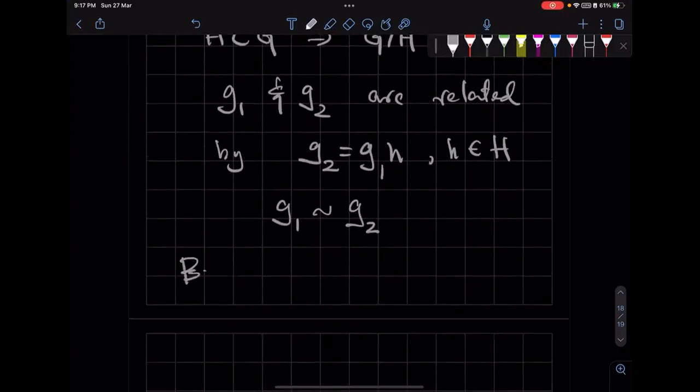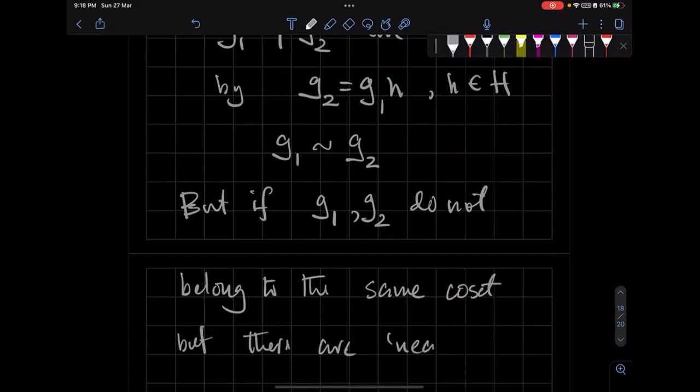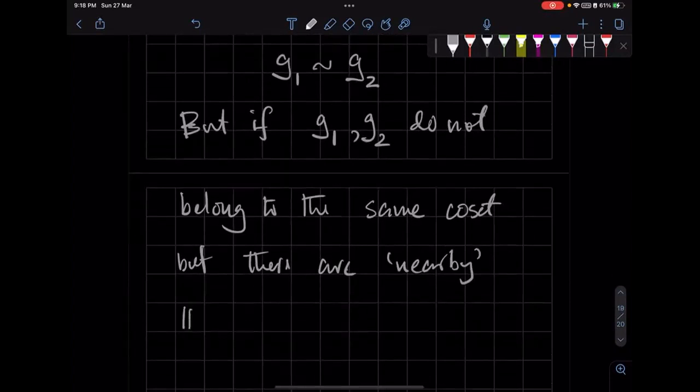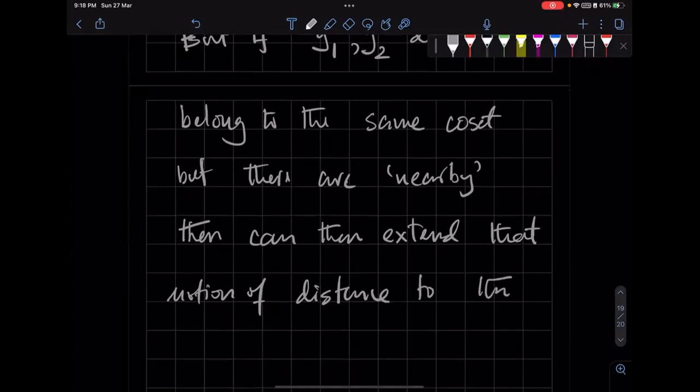But if G1 and G2 do not belong to the same coset, but they are nearby, then what we can do is extend that notion of nearbyness or distance to the corresponding cosets.